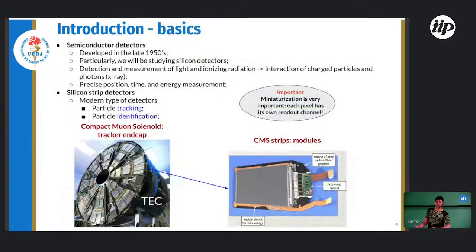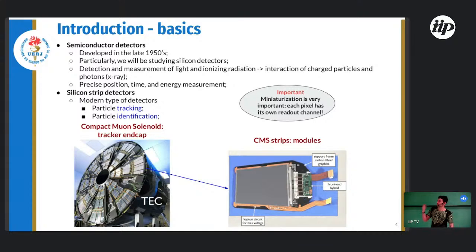Okay, some basics about the detectors. They were developed after the gaseous detectors. If you remember yesterday, the gaseous ones were developed by 1928, while this kind of technology came a little bit after. And here, particularly, we will be studying the silicon detectors, not germanium, but only silicon. It's possible, of course, with germanium, but today I will just talk about the silicon detectors.